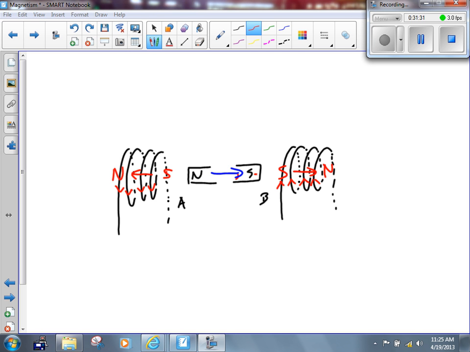The first loop that they have drawn is down in front, up in back. The second loop that they have drawn over here needs to be up in the front, down in back. So the first one needs to be counterclockwise. The second one needs to be clockwise.